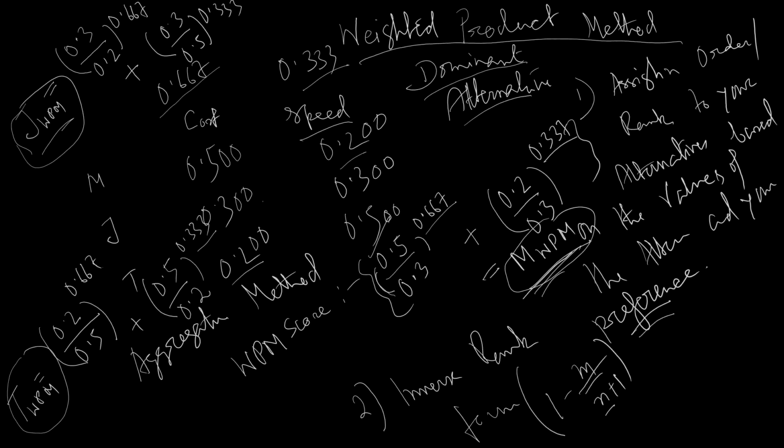Another thing is that there might be some criteria which cannot be expressed in numerical values. We express them by qualitative values, like very good, good, bad, very bad. For example, if I add a criterion such as the style of the car, you cannot express it with any numerical value.